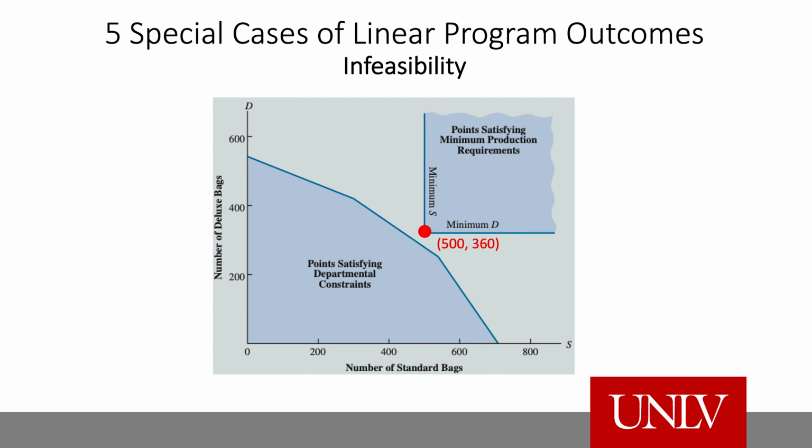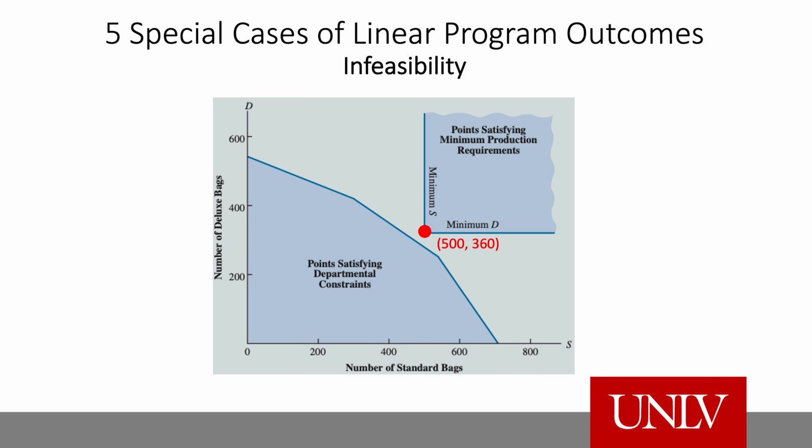Then the shaded area in the upper right-hand portion represents those points satisfying the minimum production requirements of 500 standard bags and 360 deluxe bags, but no point satisfies both sets of constraints. Thus, we see that if management imposes those minimum production requirements, no feasible region exists for the problem.